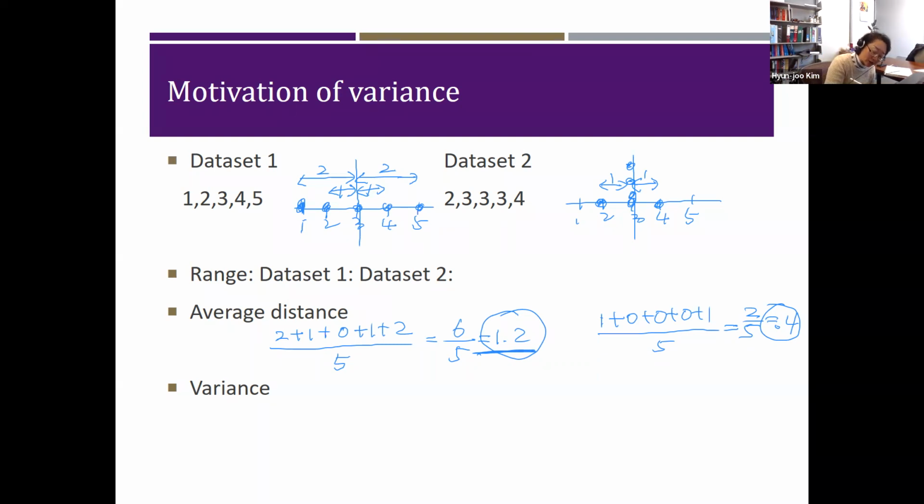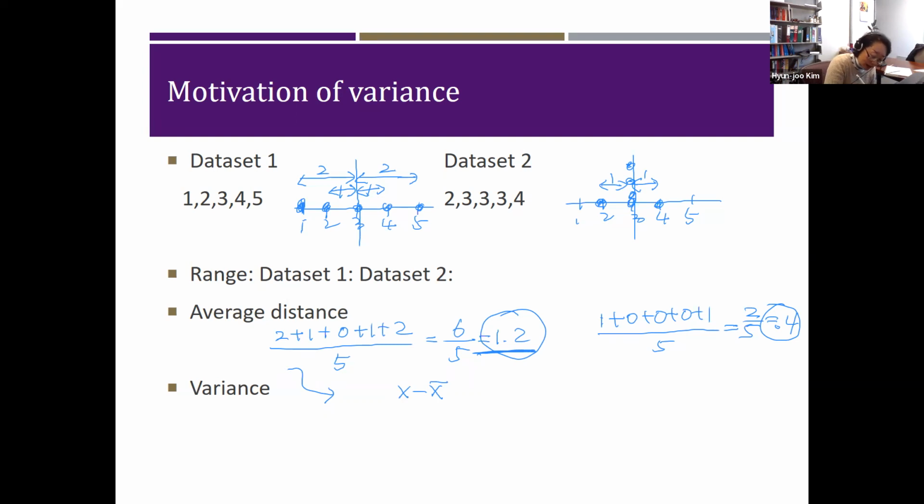So what we did here, you can formulate it. What this is, we call the average distance. What you did is you take each data point and subtract your sample mean, right? So you did 1 minus 3, right?